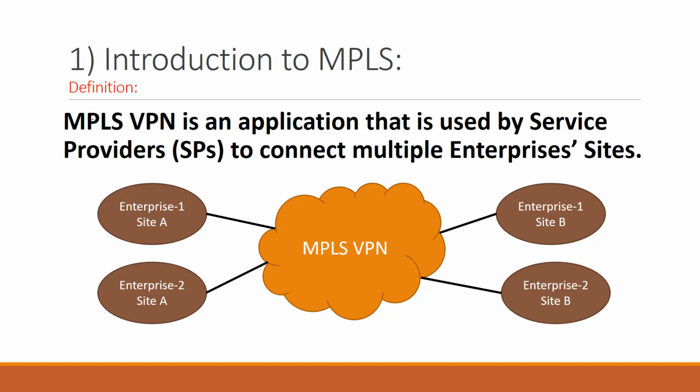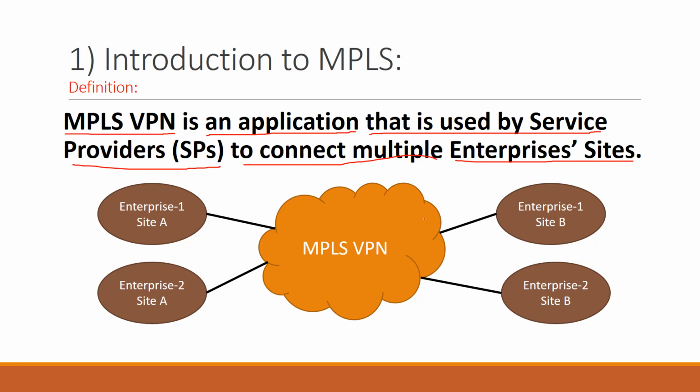So another definition, what is MPLS VPN? Actually, MPLS VPN is an application, and it is one of the most important applications of MPLS. This application can be used by service providers to connect multiple enterprise sites.